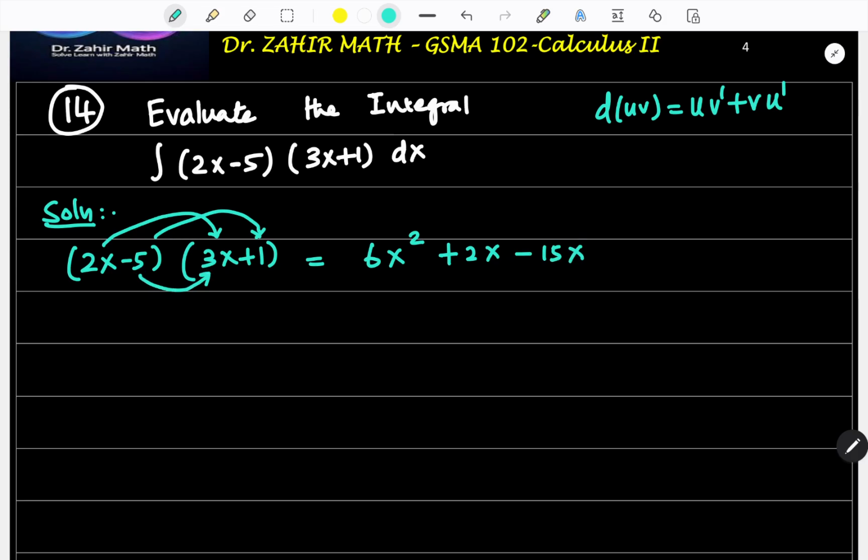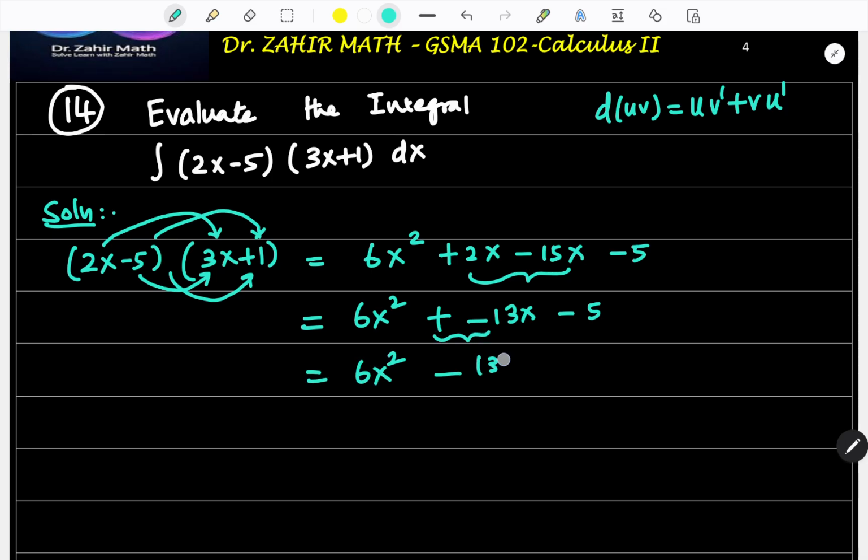Minus 15x. Minus into plus is what? Minus 5. So this equals 6x square plus 2x minus 15x is what? Minus 13x minus 5. So this is 2x minus 5 times 3x plus 1.